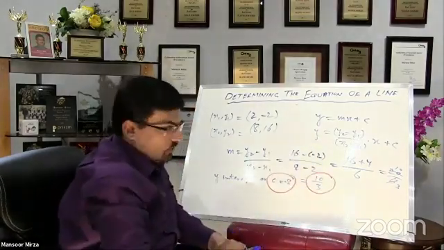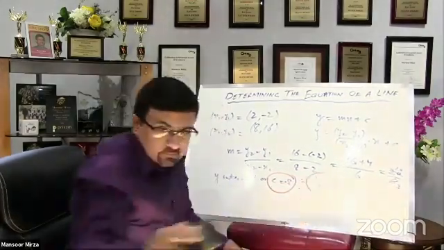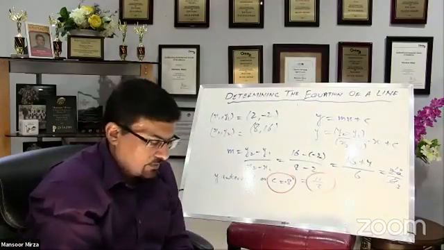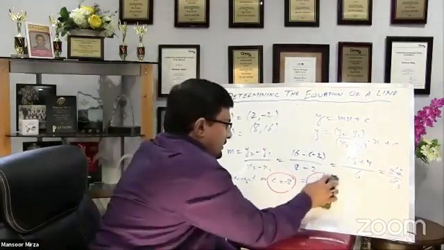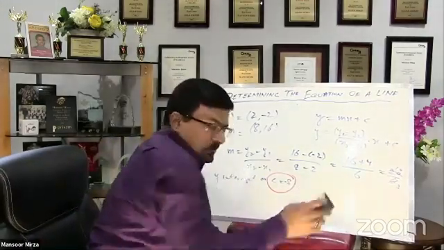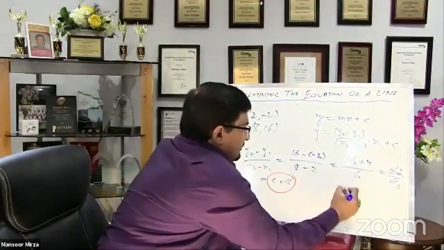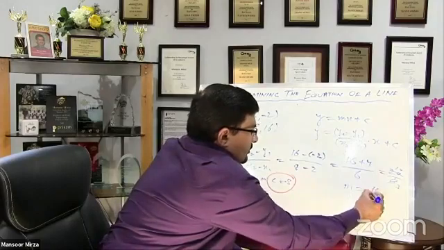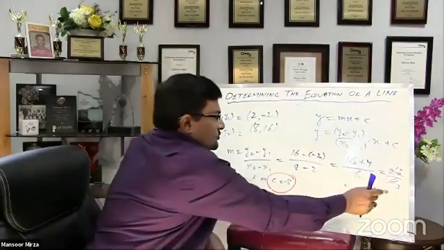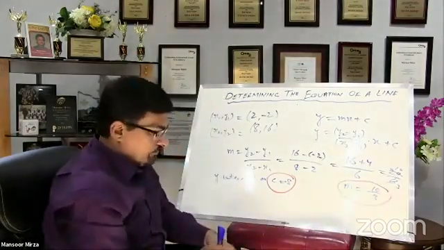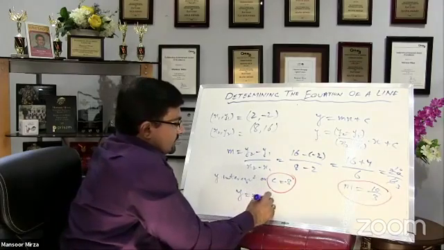So let's say I write down here that m is equal to 10 over 3. These are the values I'm going to use in my equation, which I said y is equal to mx plus c.